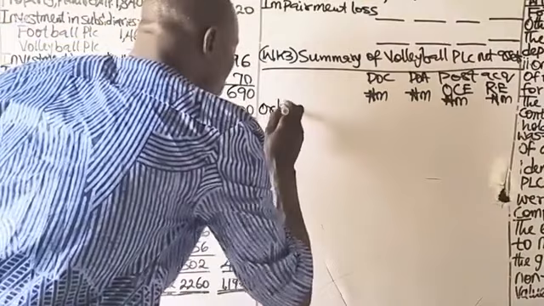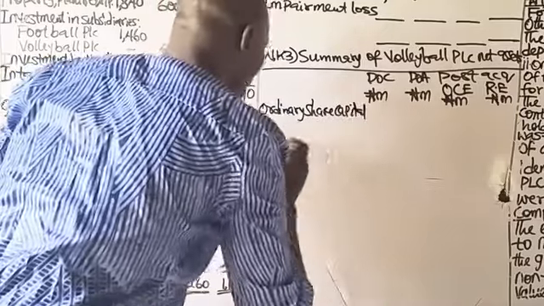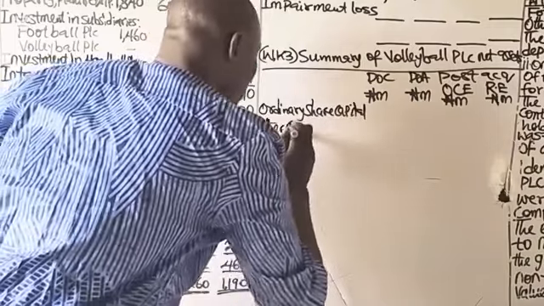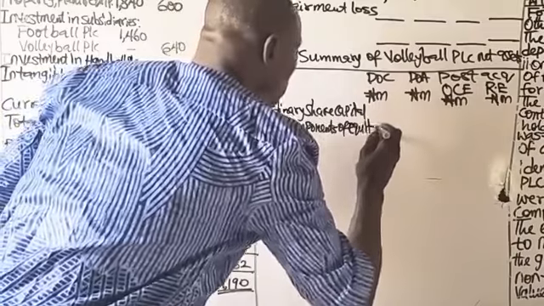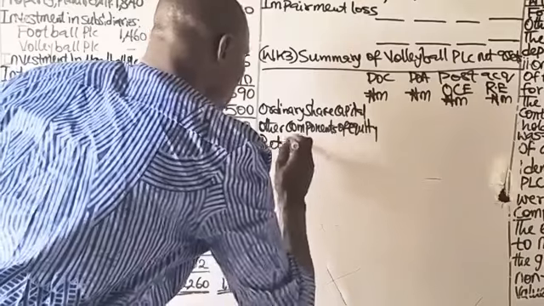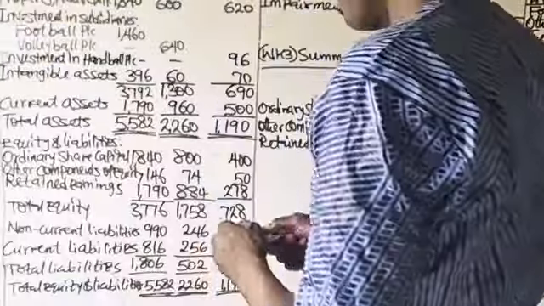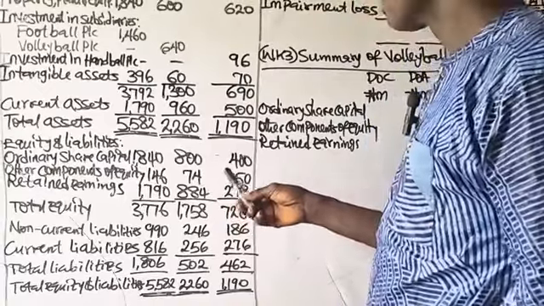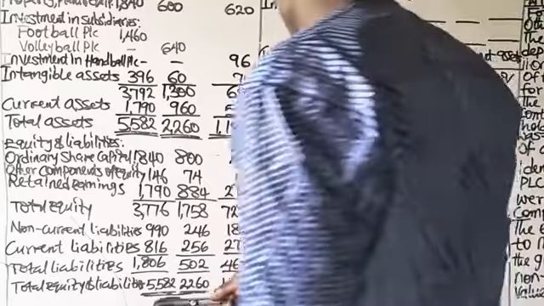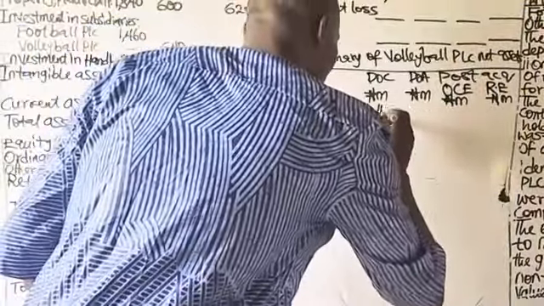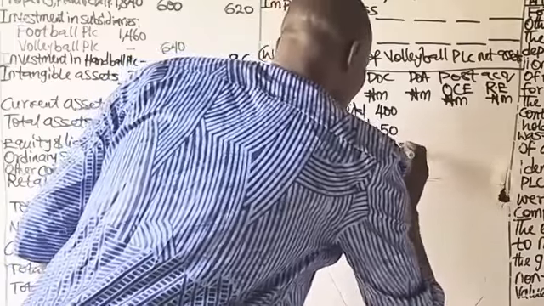For Volleyball, ordinary share capital is 400, other components of equity 50, retained earnings 278.